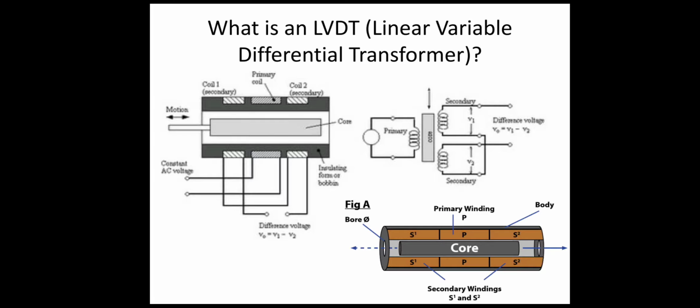The characteristic is like a sinusoidal wave, and if displacement is there, then the DC voltage level increases, and if displacement is in the negative direction, towards the second S1 winding, then it will be on the negative side. So this is what happens.